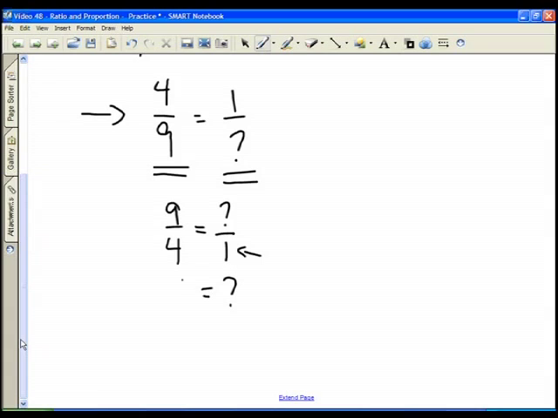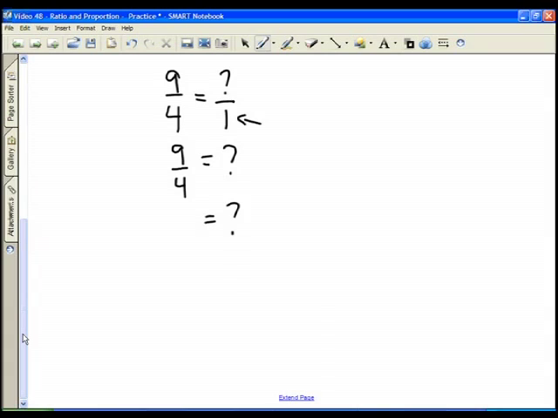And now the question mark clearly is equal to 9/4. And 9/4 as a mixed fraction, 4 goes into 9 evenly twice. 2 times 4 is 8, and we subtract, we have a remainder of 1. So 9/4 is the same as 2, and our remainder over what we divided by, and so we get 2 1/4. So that should give you some practice with ratio and proportion.